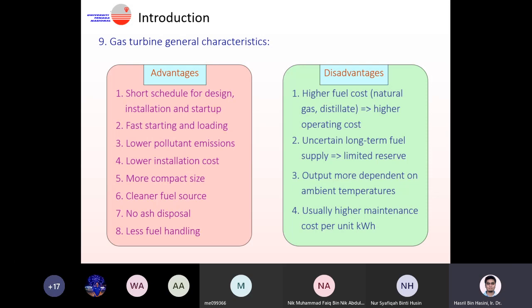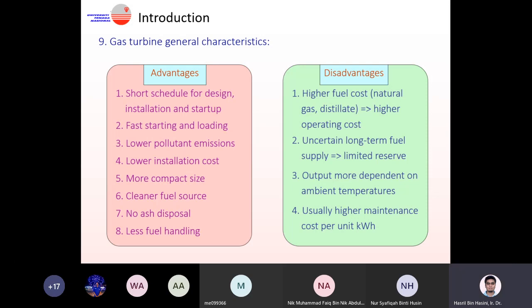Remember, when we covered the topics on fuel and combustion, natural gas is much simpler to handle because the fuel that comes to the station goes through a piping system. The infrastructure is normally there. You don't have any logistic issue, especially in terms of the handling of the fuel.